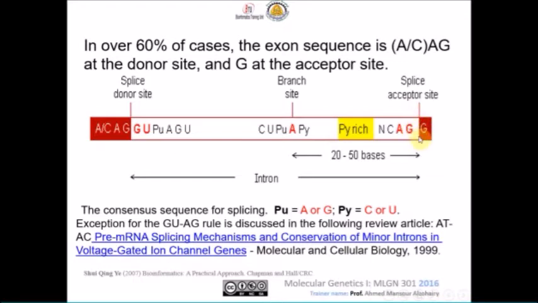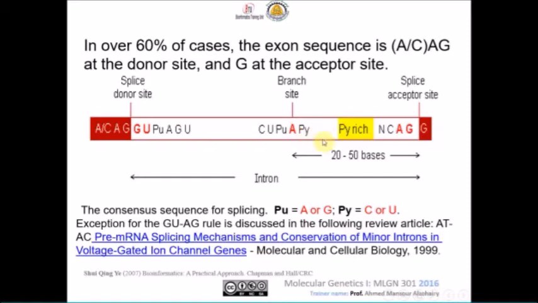And of course we have the branch site, which is CU, purine, then A, which is conserved, and then any pyrimidine, C or U.